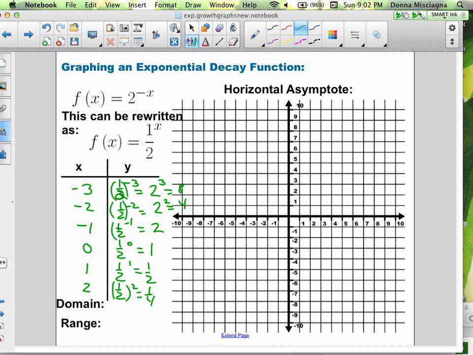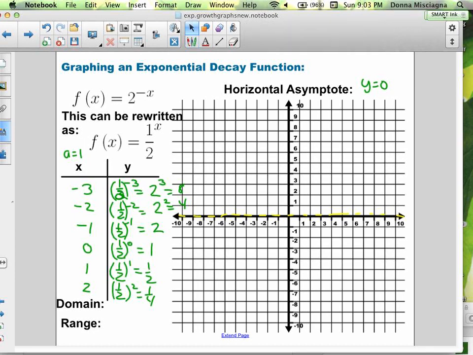All right, so here our starting value is 1. That's why we're going to go through the point 0, 1. Horizontal asymptote is y equals 0. We won't cross that line. No way, no how. And let's graph our points.